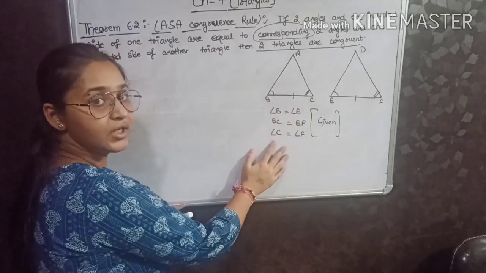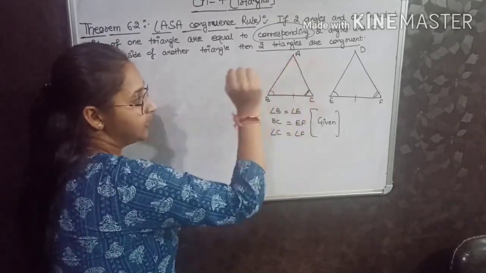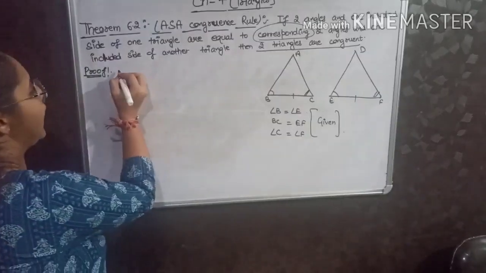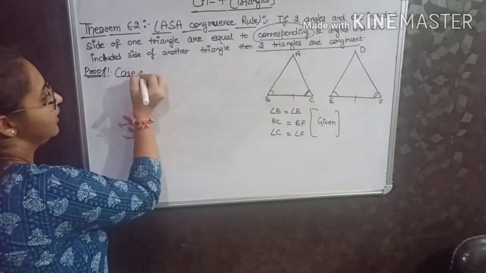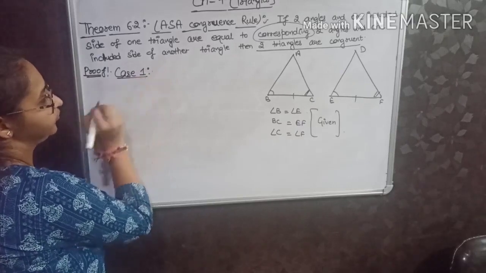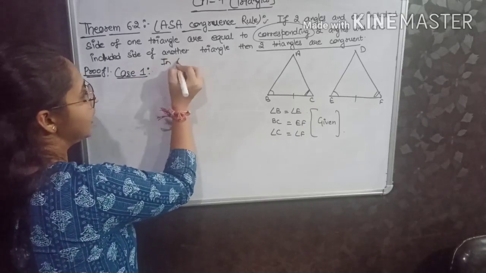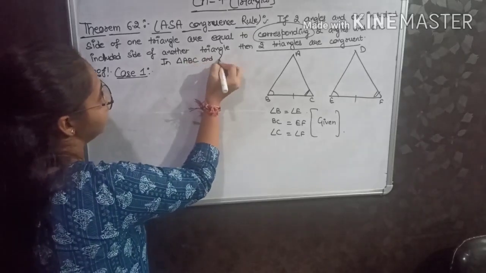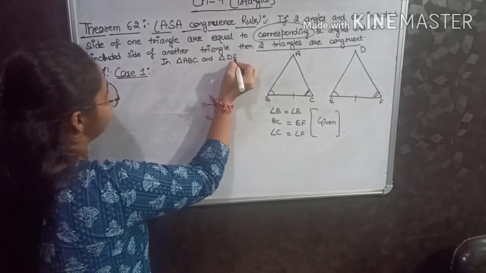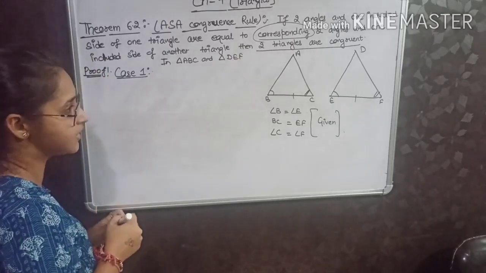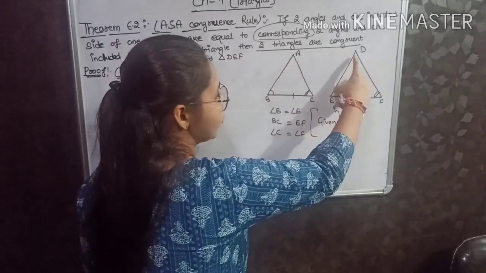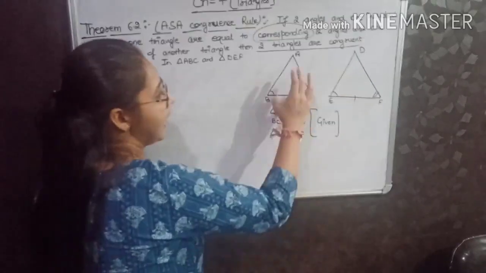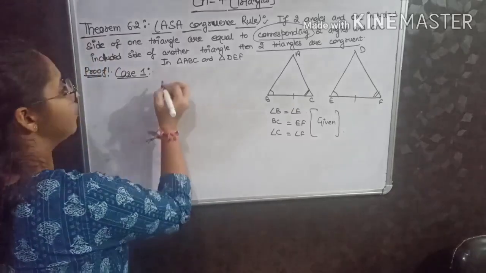Now, this is all given. There are three cases I have to take in triangle ABC and triangle DEF. First case that I am doing: if I take AB is equal to DE, this is the assumed quantity. Let me take AB is equal to DE.